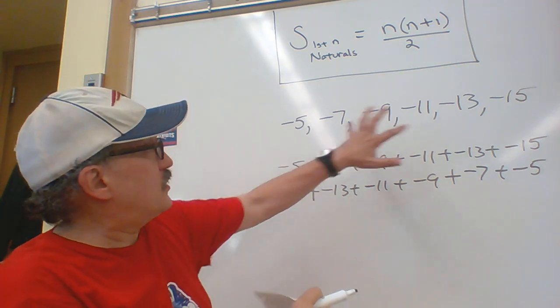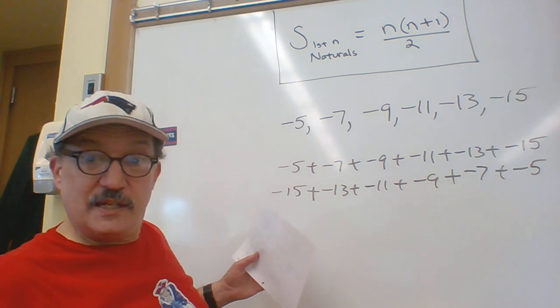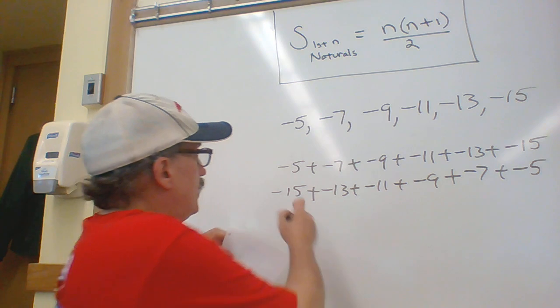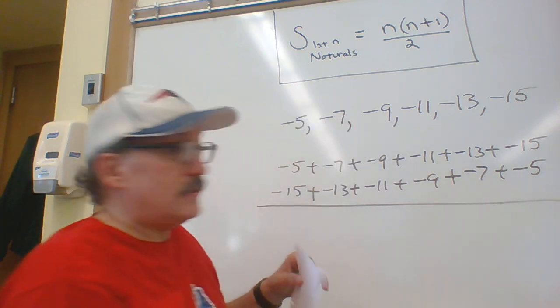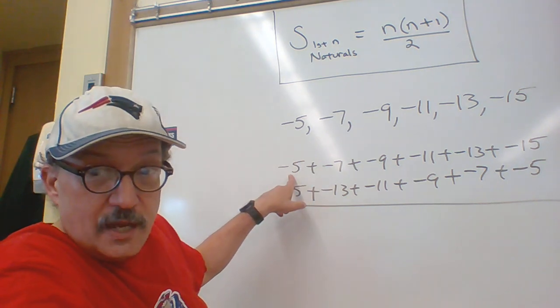This time there are 6 terms. So we're going to have 6 sums here. What is each sum? -20, right? -20, -20. And once again, let me make this point. a sub 1 is -5.